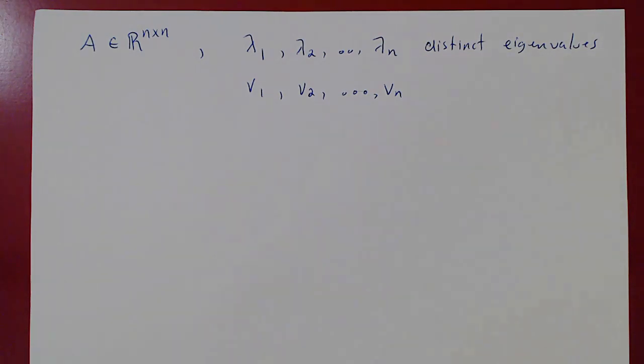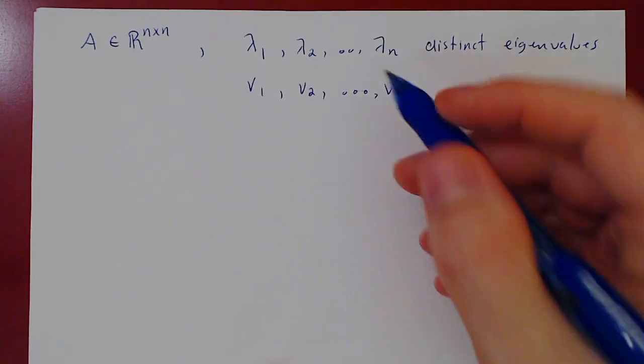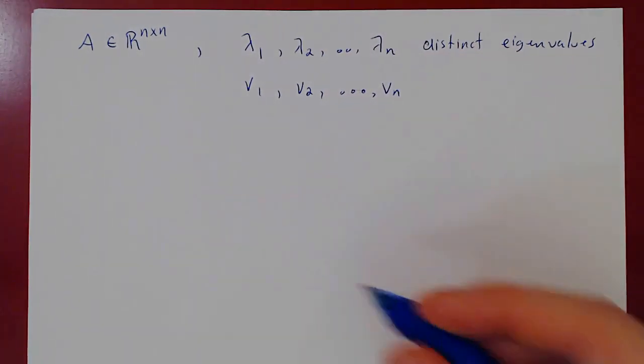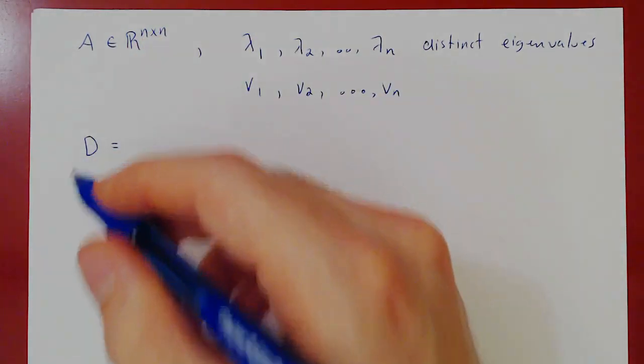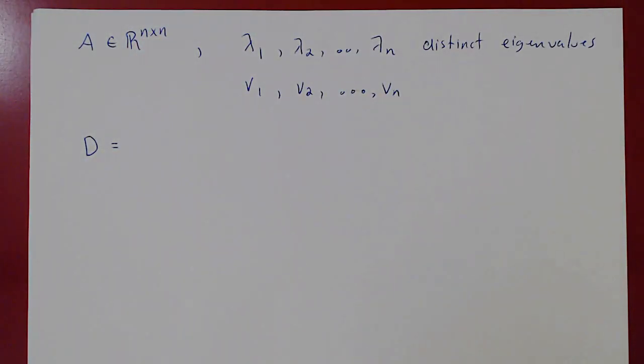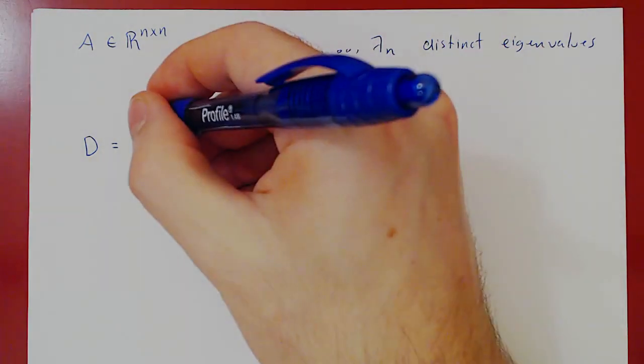Here's the following result that will be at the core of the application of eigenvectors and eigenvalues. We will construct two matrices. The first one we call D, because it will be a diagonal matrix. It will be zeros everywhere except on the main diagonal.